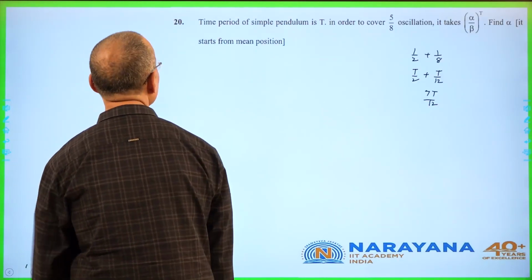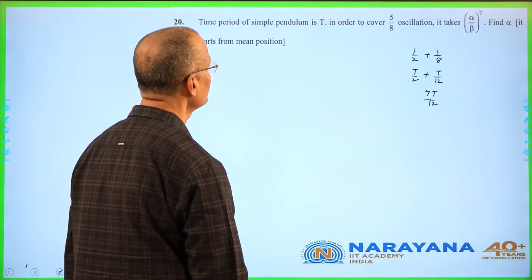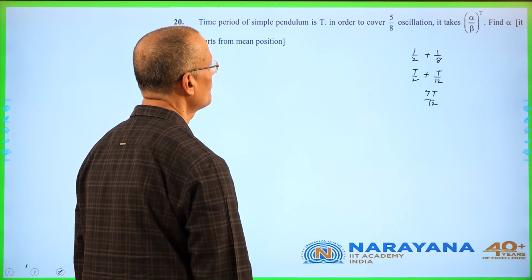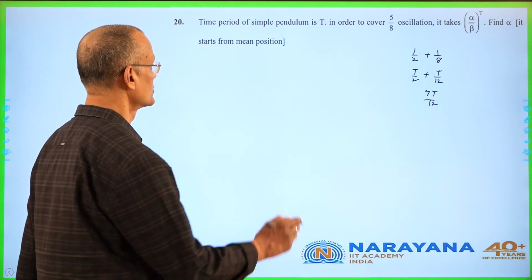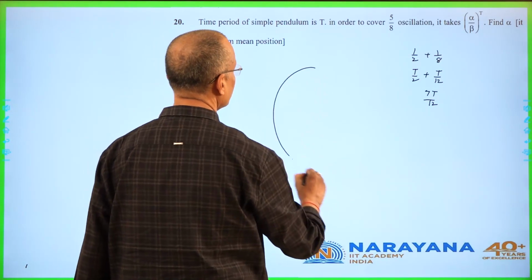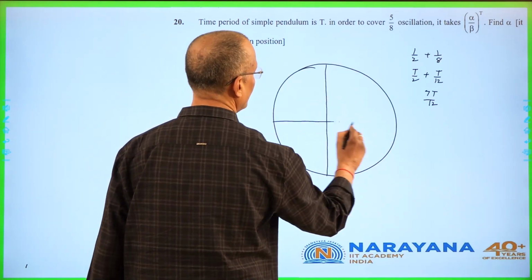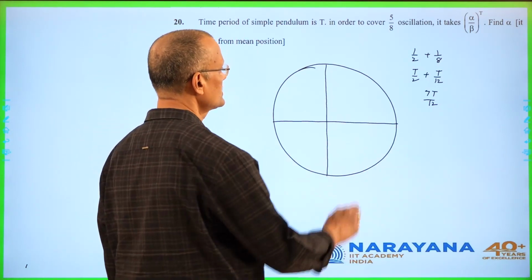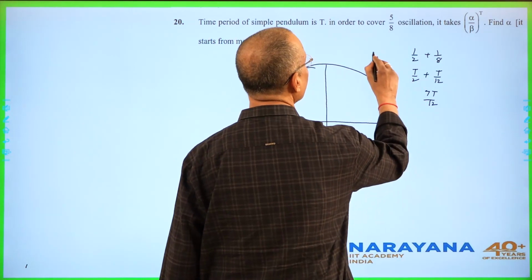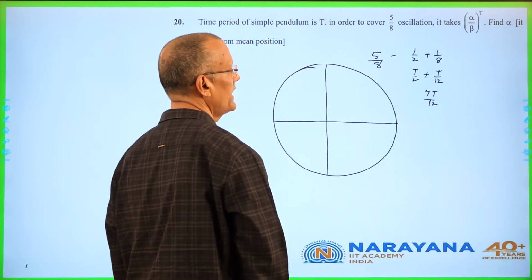Question number now 20. Time period of a simple pendulum is T. In order to cover 5 by 8 oscillation, 5 by 8 is how much? If I take the circle of reference, you check from here, 5 by 8 is 1 by 2 plus 1 by 8.